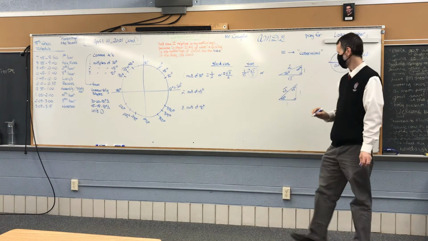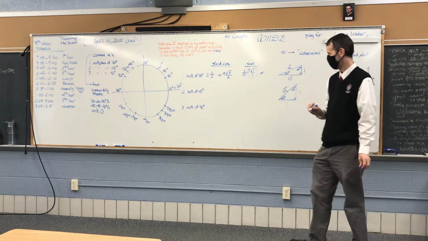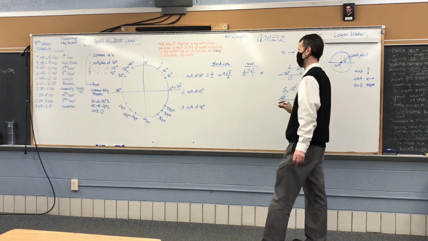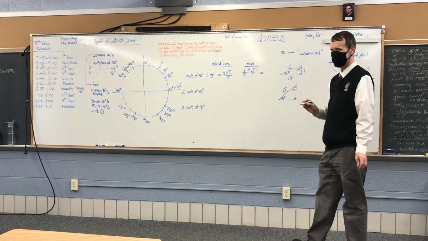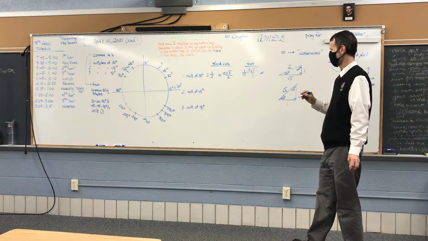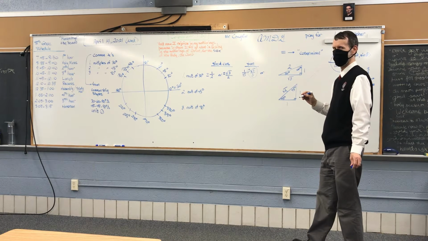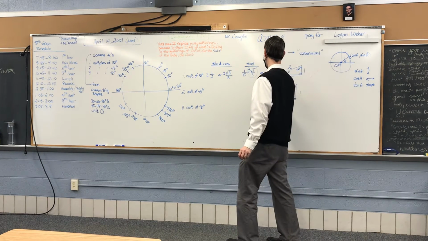What is the tangent of 60? Radical 3 over 1, which reduces to just radical 3.